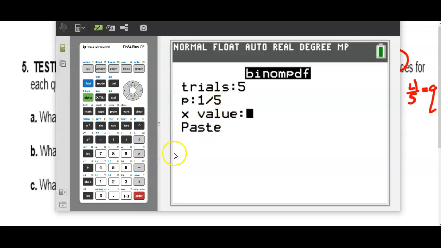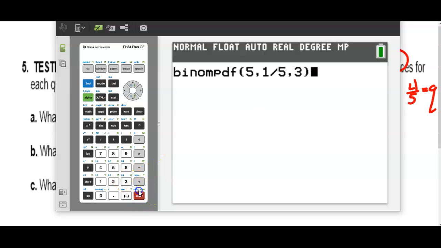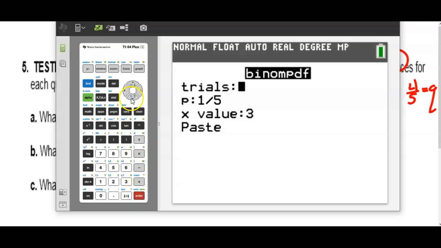It's the same difference. It's going to calculate it the same way. And she wants to get exactly 3 right, so we're going to put a 3 here. And we're going to hit enter, and it's going to go into the home screen that way. I could go back in there and show you that it works if it's a 0.2. It's exactly the same thing.